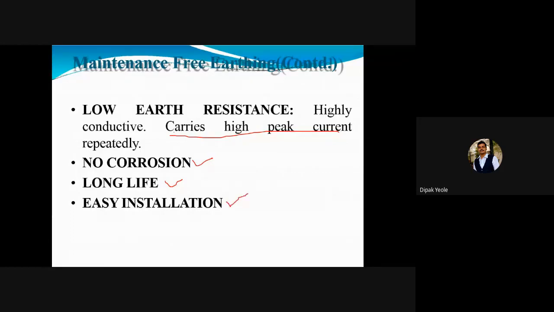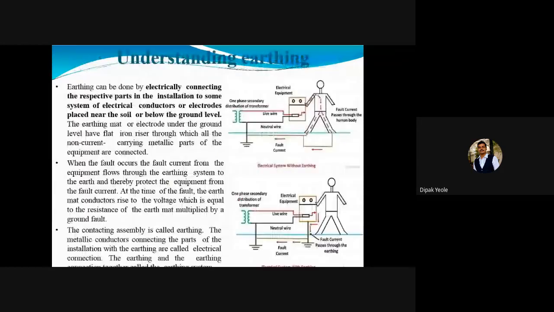Now we will go ahead. We are interested in understanding the earthing system. Yes, so you can see over here, this is the electrical system without earthing. What is the system? It consists of one phase secondary distribution of transformer. So you can see this is a transformer, and secondary of transformer is connected to electrical equipment.